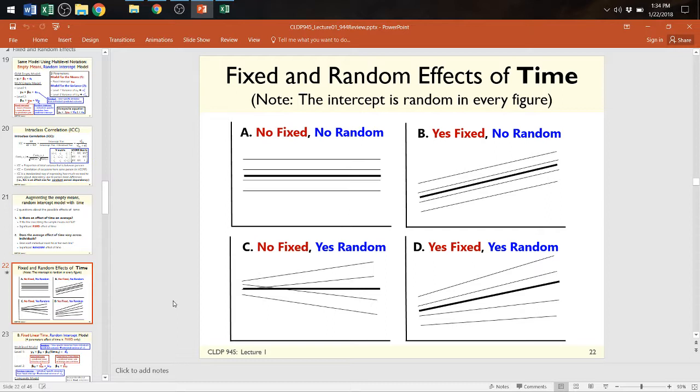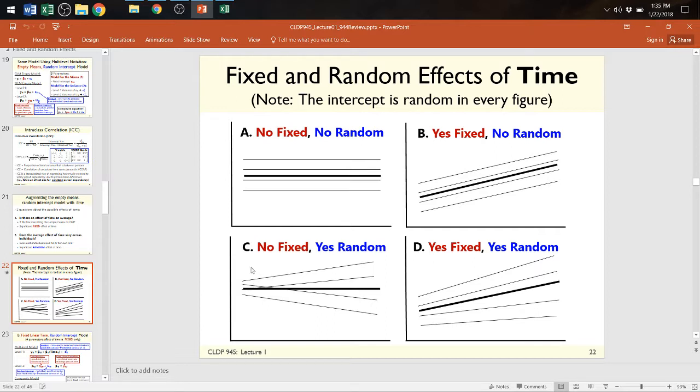In the top two pictures, the common denominator here is no random slope, meaning the intercept differences that were there at the beginning carry through, parallel lines. So it doesn't really matter where the intercept is because the variation around it would be the same at any occasion. In the bottom two pictures, C and D, it matters where the intercept is.